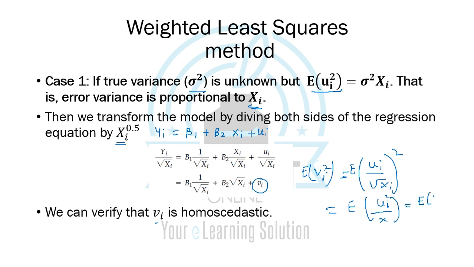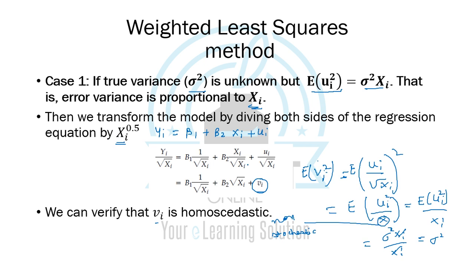So this becomes the expectation of ui square over xi, and remember x is non-stochastic, that is, it is fixed. And the expectation of ui square is sigma square xi. So if you notice, the xi's get cancelled and we get a constant variance for this vi term.